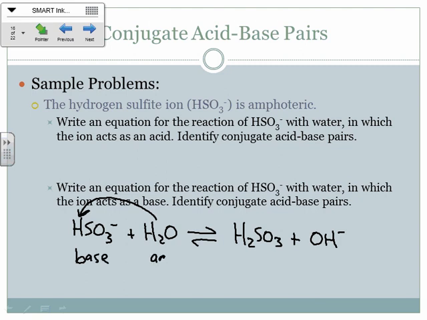The water is acting like the acid because it's donating the proton. This over here, if we think about the reaction going from right to left in the reverse direction, then this is now the conjugate acid, and OH minus is the conjugate base.